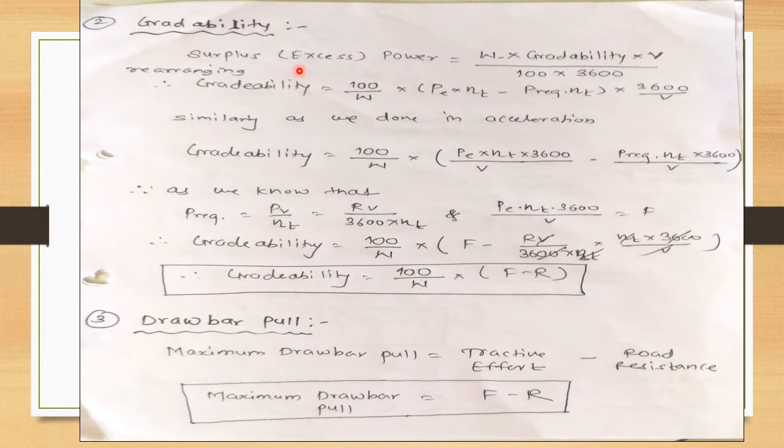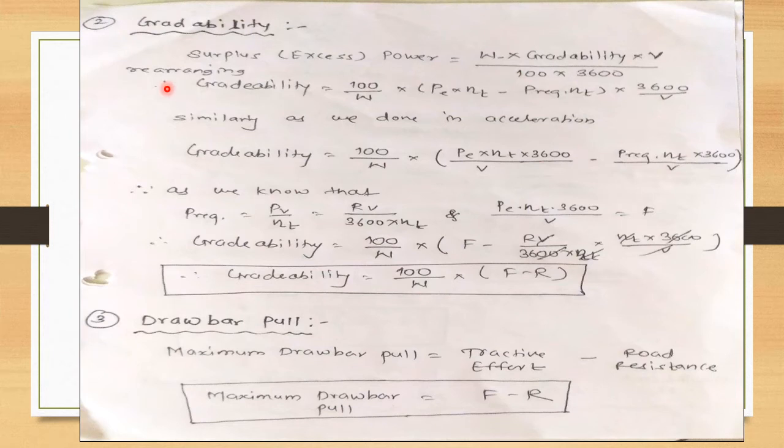Again the same surplus or excess power is equal to W into gradability into vehicle speed V divided by 100 into 3600. As it is a maximum percentage grade, that's why 100 comes here.